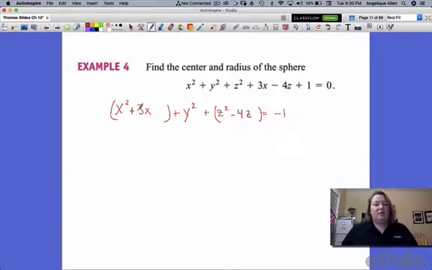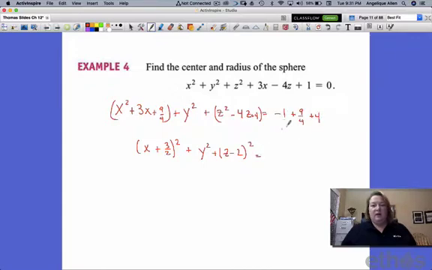We've got to take this coordinate, cut it in half, and square it to get 9/4, which means we just added 9/4 to the left. And then we have to take -4, cut it in half, -2 squared, and add 4 to complete that square. Add it on the right. And that would give us x plus 3/2 squared, and y squared, and z minus 2 squared.